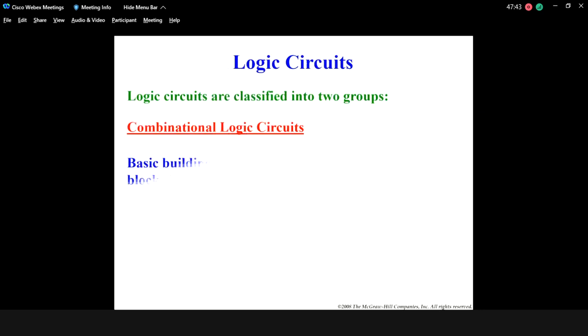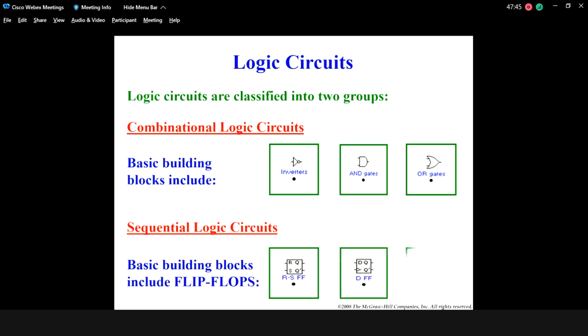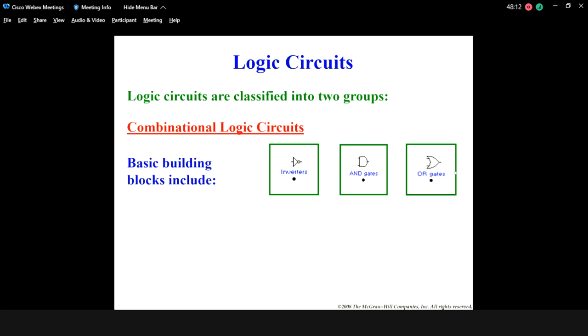Okay. First, we have two types of logic circuit. The first one is conventional logic circuit. This one is from the basic building blocks, like inverter, AND gate, OR gate, NAND gate, NOR gate, like that. And then we can make any of the gates by our own arrangement for a certain purpose that we can customize.